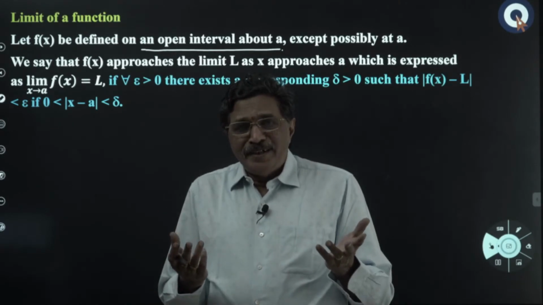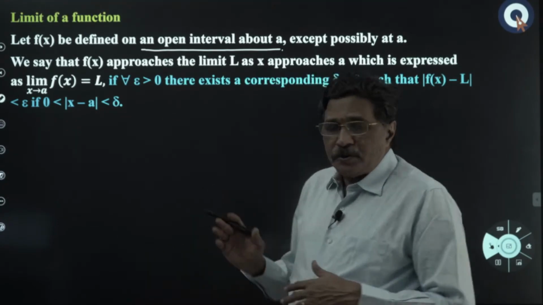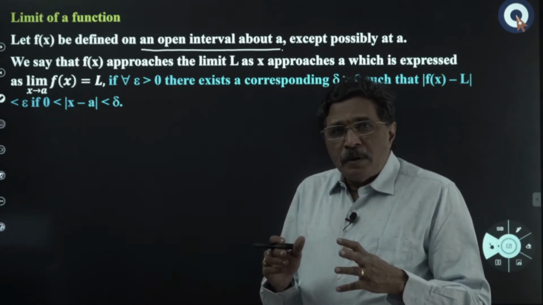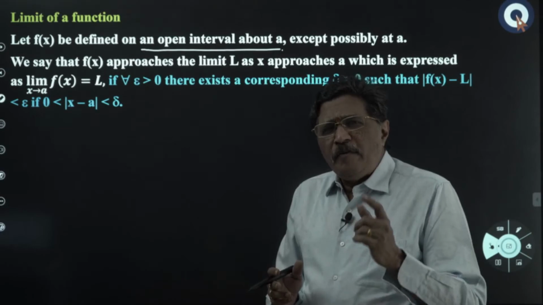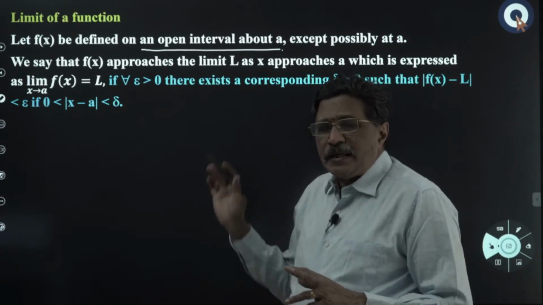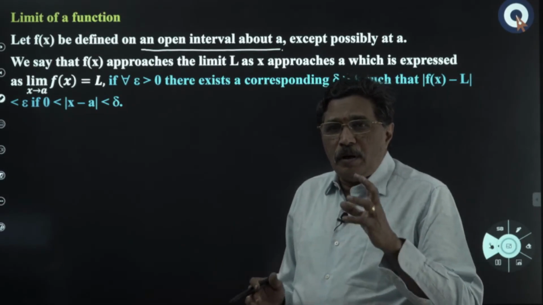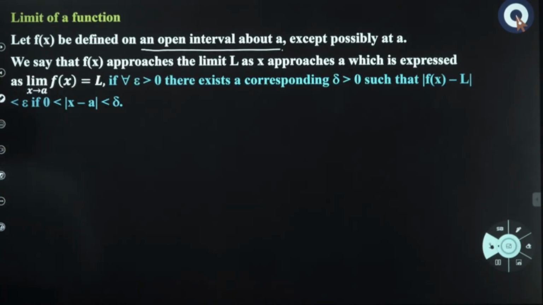I repeat, for every epsilon greater than 0 there exists a delta greater than 0 such that the remaining part. Suppose the question is which of the following statements are true, and he writes one statement as for every delta greater than 0 there exists epsilon greater than 0 such that the remaining thing is written correctly, then that statement is wrong. So unless he wants to test the real conceptual understanding, the definition will not help you evaluate limits. It is necessary for you to know the definition correctly and leave it at that.